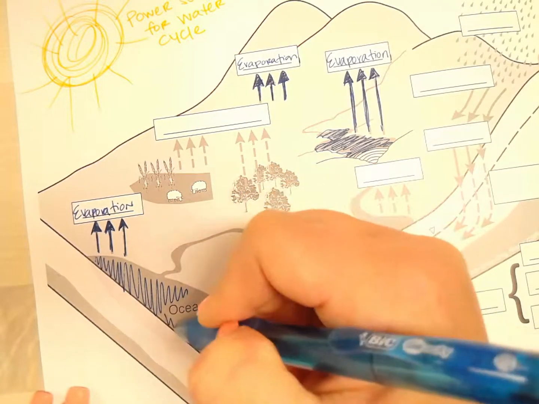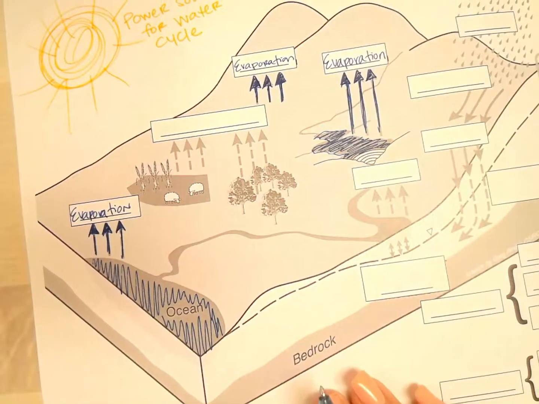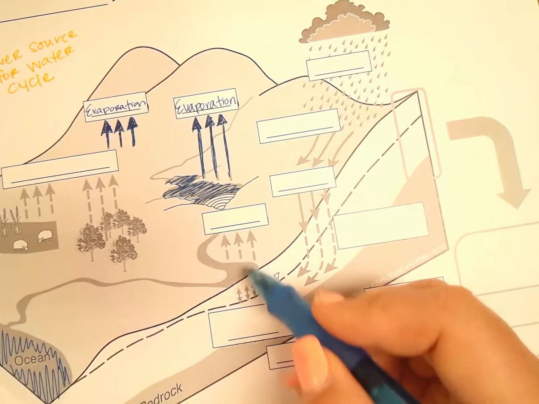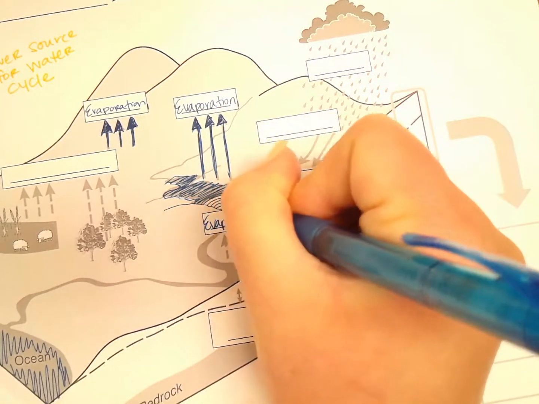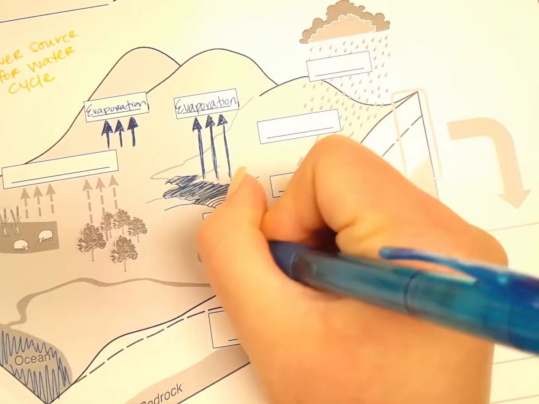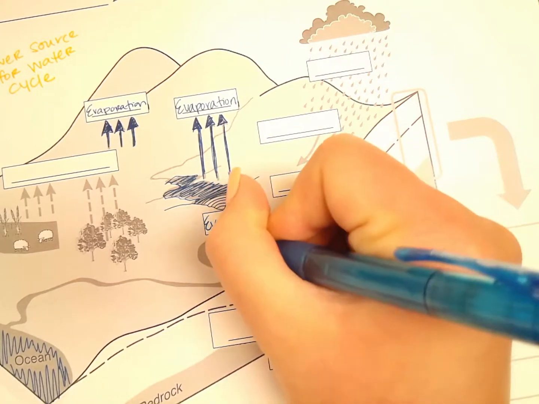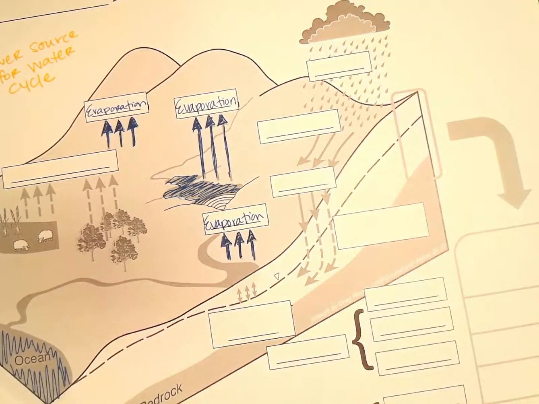I'm going to leave it around the ocean so that we can still see it. Okay. We've also got evaporation from our rivers and streams. We're going to shade in those arrows blue, to show our evaporation there as well.